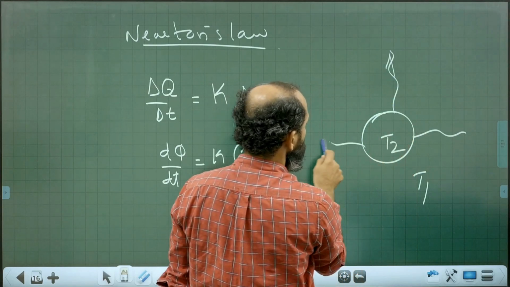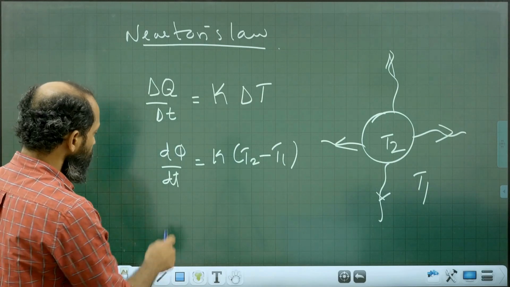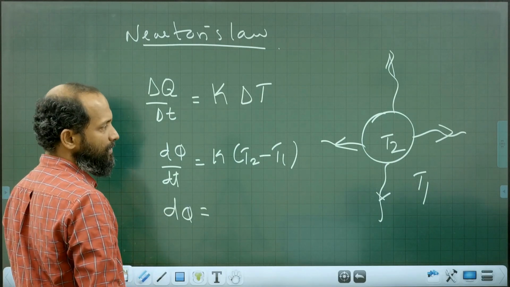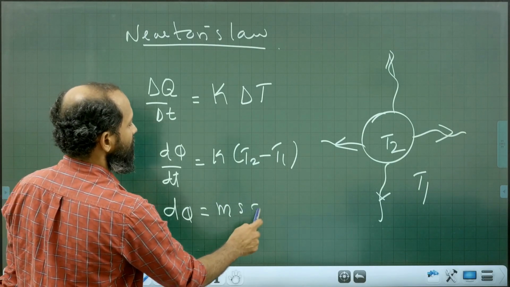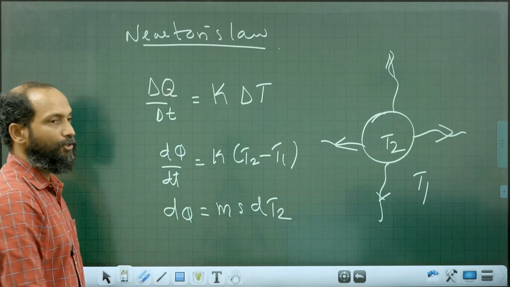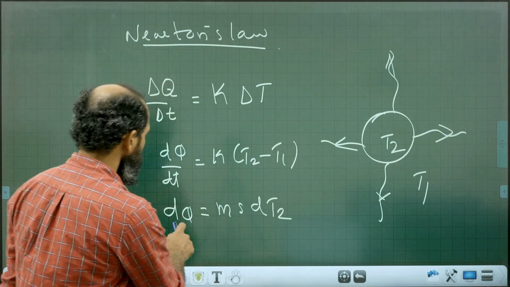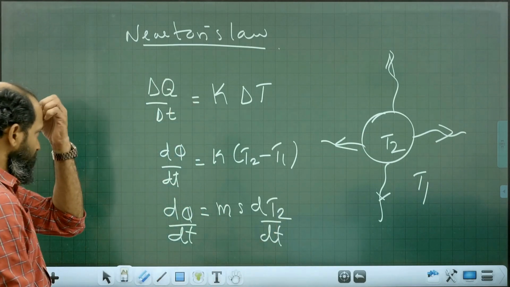The hot body releases heat. You can keep this as a reference. But we already know the heat lost can be measured in terms of its mass, specific heat and falling temperature. So dQ can be written as ms dT2, where dT2 is the falling temperature of the hot body on release of heat. So the rate is dQ by dt equals ms dT2 by dt.